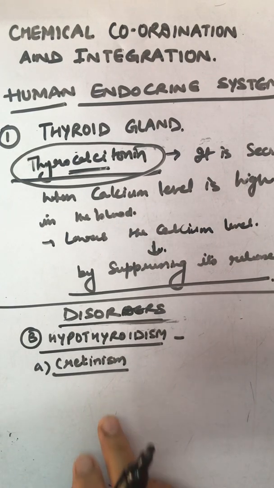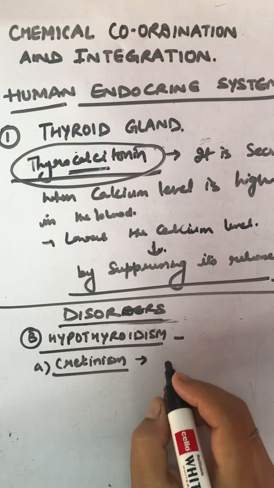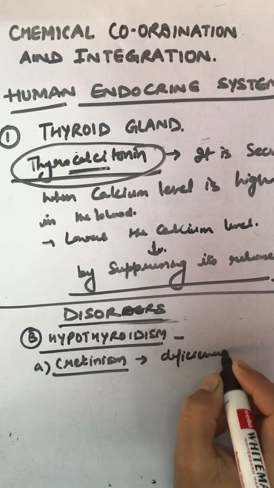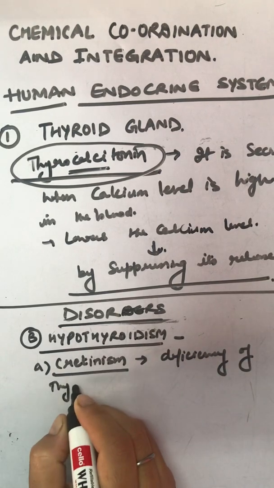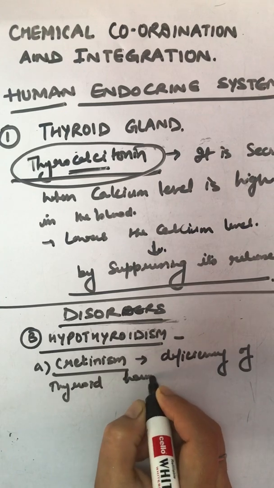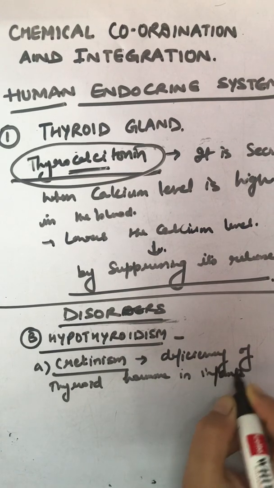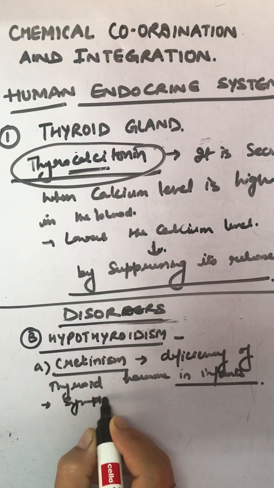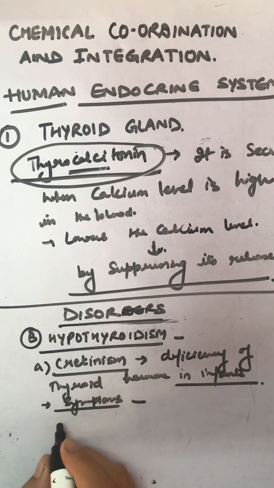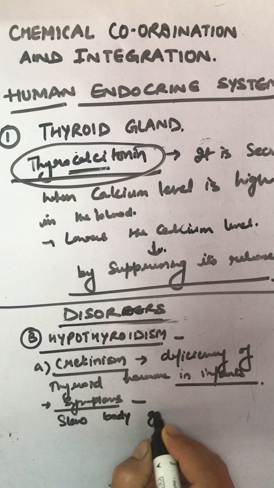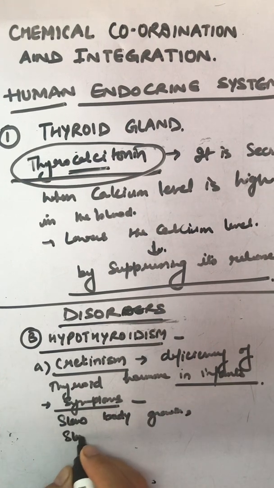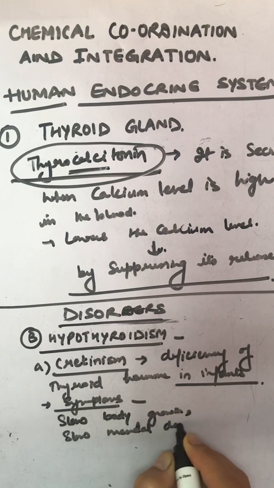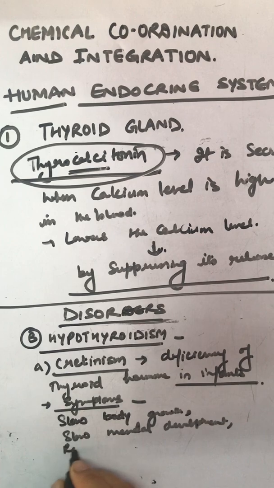This is caused by the deficiency of thyroid hormone, basically in babies, infants, and this kind of baby has a slow body growth, slow mental development, reduced metabolic rate.